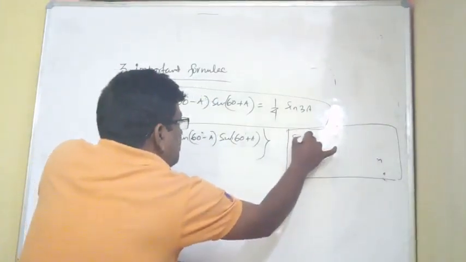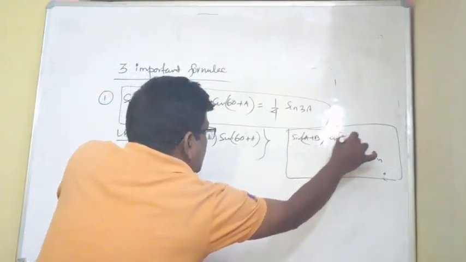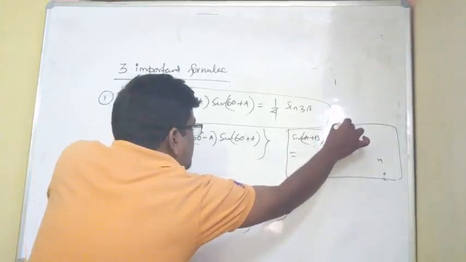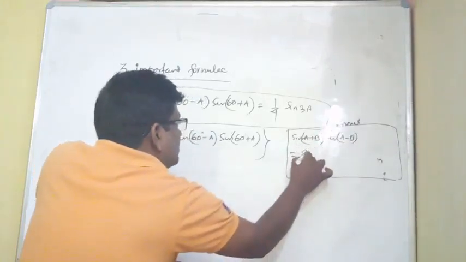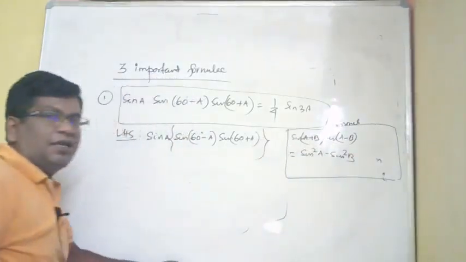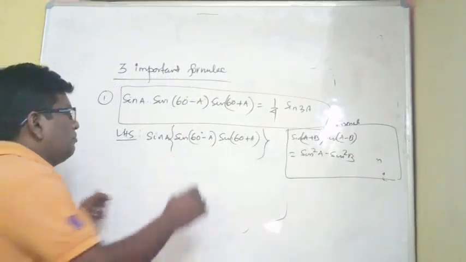Sin of A plus B into sin of A minus B is equal to sin square A minus sin square B. Now apply this formula.